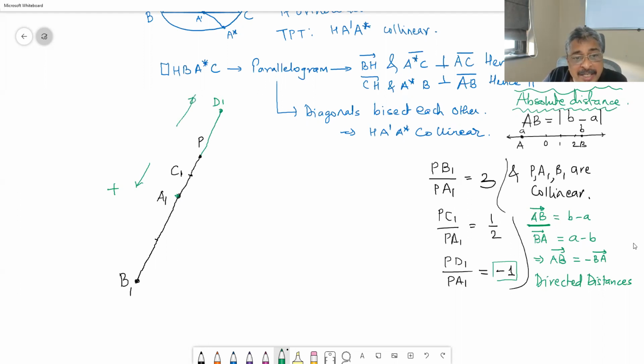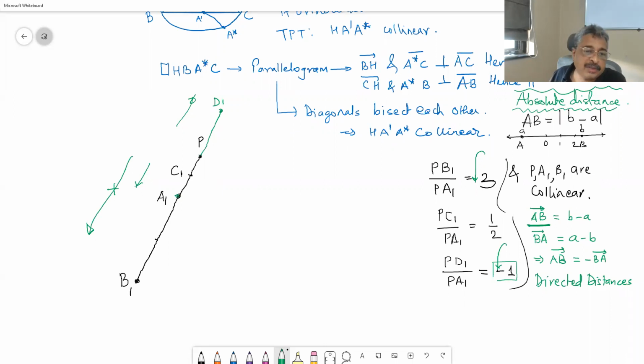PD1 is in this direction and PA1 is in this direction. They are opposite to each other, so it makes sense to put this negative sign here. In the earlier case, PA1 and PB1 are both in the same direction, so it makes sense to put a positive sign, or you can put negative signs on both of them, but then it will cancel out.